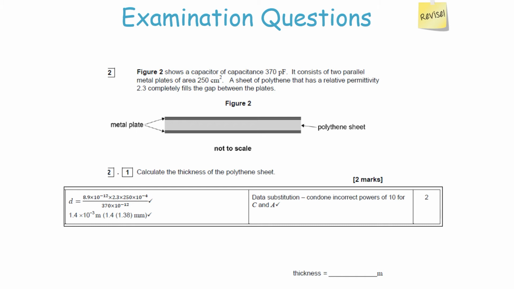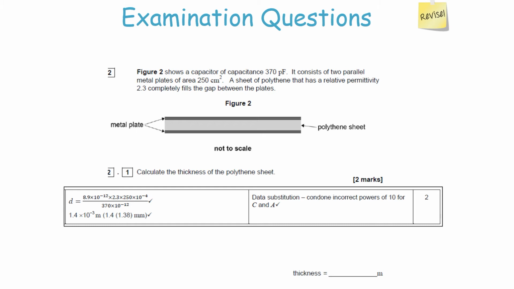We know from our equation book that C equals the relative permittivity times the permittivity of free space times the area between the two plates, over the distance between the two plates. So we can rearrange that equation to work out the thickness of the polythene sheet, which is the distance between the two plates.